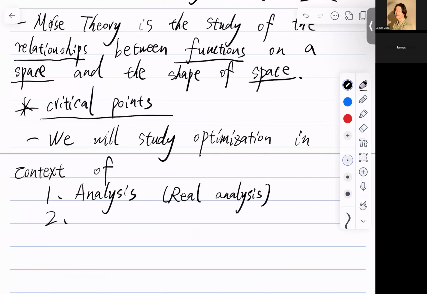And the second thing, we're going to cover a little bit about topology. After all, we're going to study shapes of spaces. And topology is a very important study too. It's also very abstract, and we're trying to make it very easy. After all, this course is built for people with no background in analysis and topology.